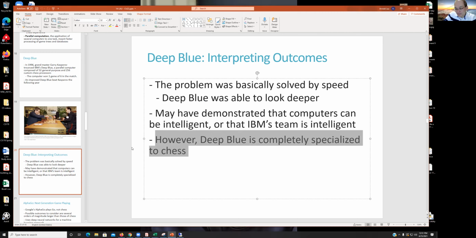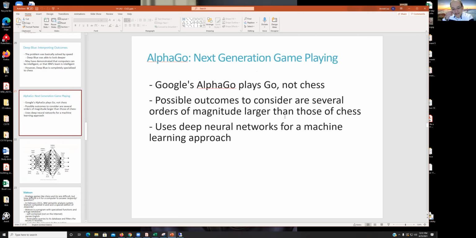So the next bit is AlphaGo. This is from Google, and it's more recent. The complexity here is a bit more than playing chess, and this is where they use learning with neural networks, so it's machine learning.